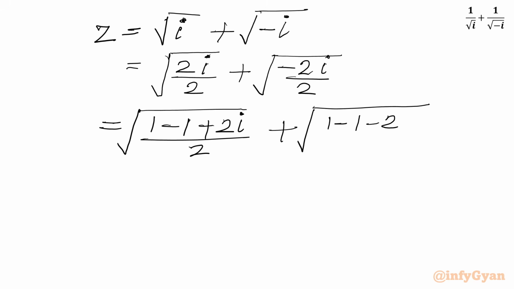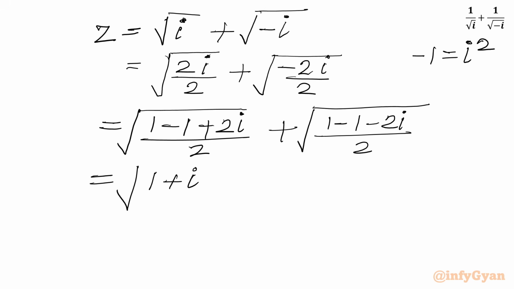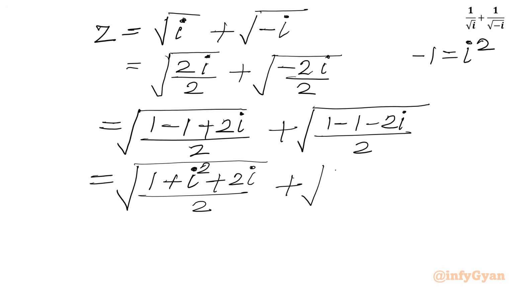Then we have minus 2i and denominator is 2. Now in place of negative 1, we can consider i square. So square root of 1 plus i square plus 2i over 2 plus square root of 1 plus i square minus 2i over 2.